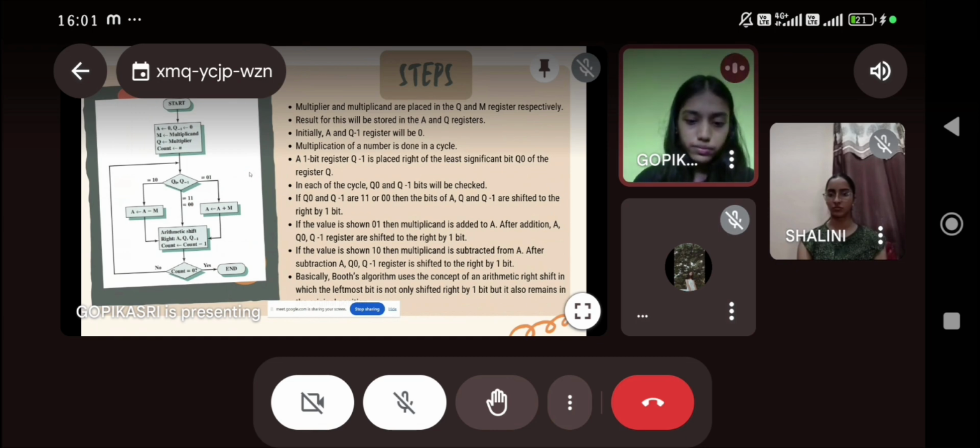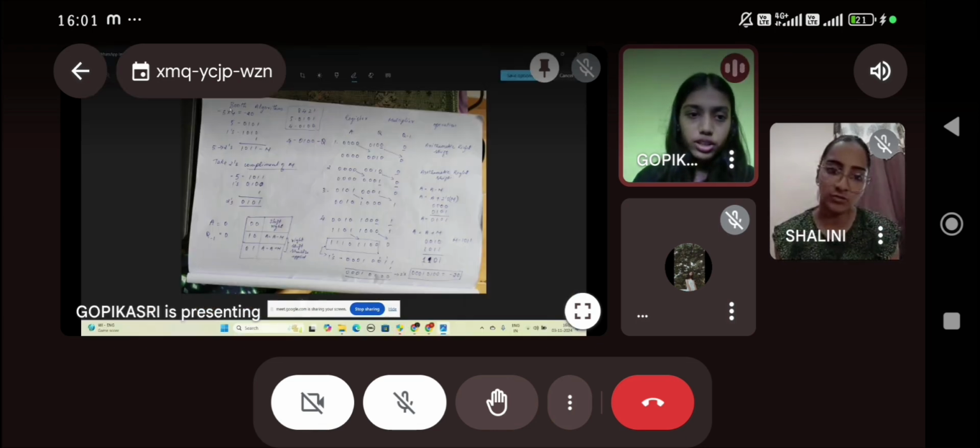Here is an example of Booth algorithm where I have taken minus 5 into 4, which is obviously minus 20. I have performed Booth algorithm for the negative number. First we need to convert the numbers into binary.